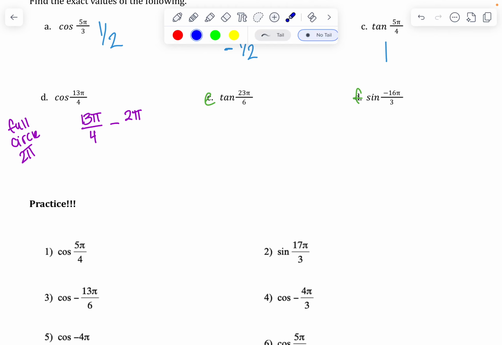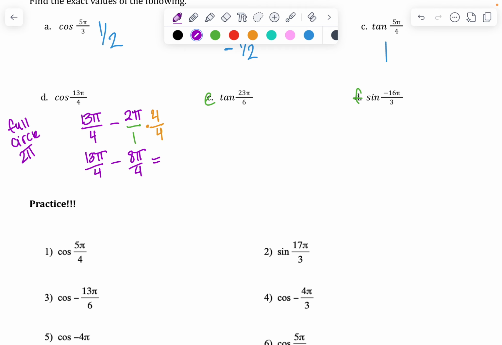If we want to subtract fractions, remember we need a common denominator. So if this is really over 1, our common denominator is going to be this 4. So what would we have to do to turn that 1 into a 4? Multiply by 4, right? And if we do something to the denominator, we have to do the same thing to the numerator. So 13 pi over 4 minus, this is now 8 pi over 4.